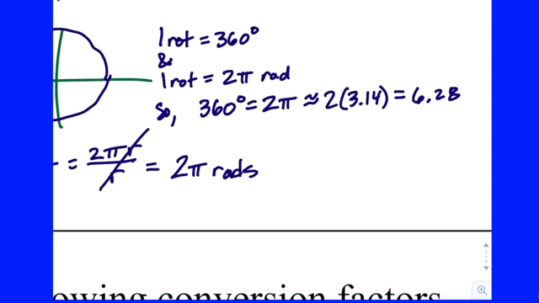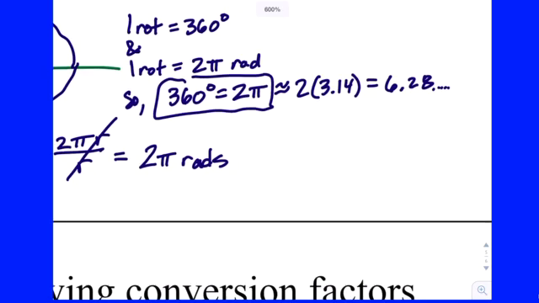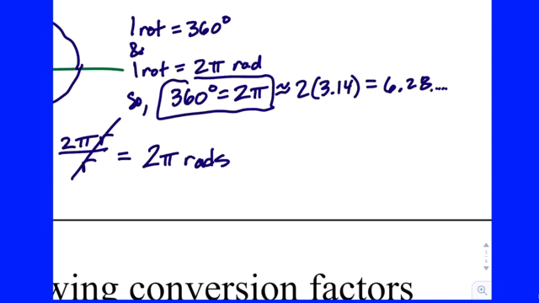Now pi is an irrational number, so it's non-terminating. So that's 6.28 and so on. But if we let it be represented by pi, we can have an exact value. In fact, if I say 360 equals 2 pi, I can divide both sides by 2, can't I? And I can say then that 180 degrees is equal to pi.